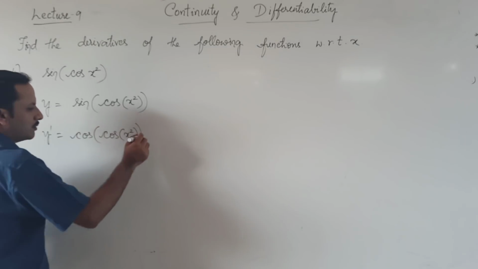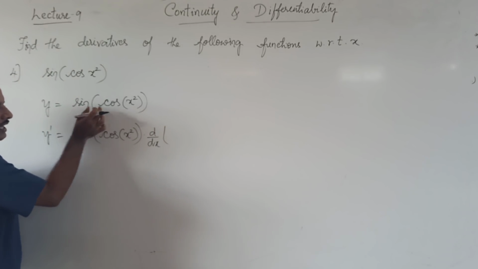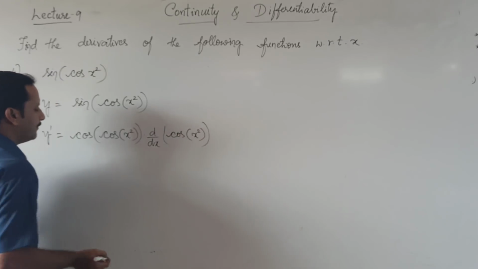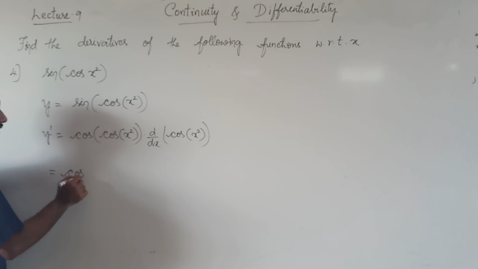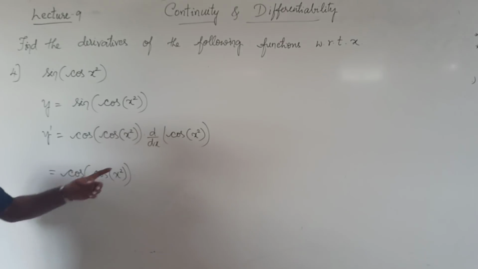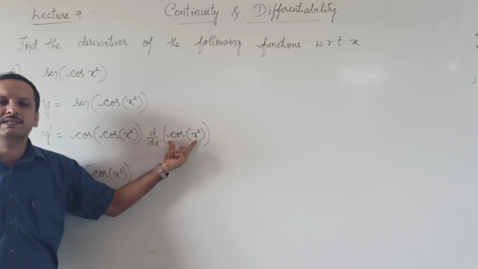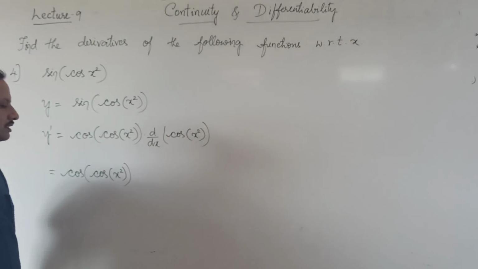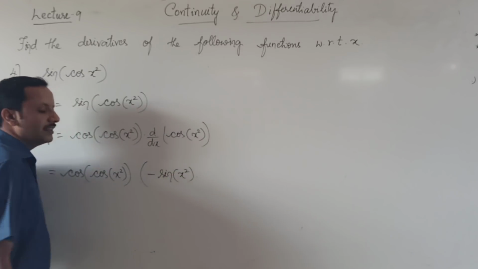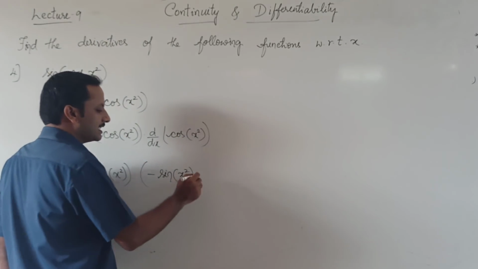Into the derivative of cos x square. We have differentiated for the sine, now we will differentiate for this. This is equal to cos of cos x square into the derivative of cos x square. You can imagine this as cos x. The derivative of cos x is minus sin x. So the derivative of cos x square will be minus sin x square. The problem is not over yet because sin x square you have into what next?